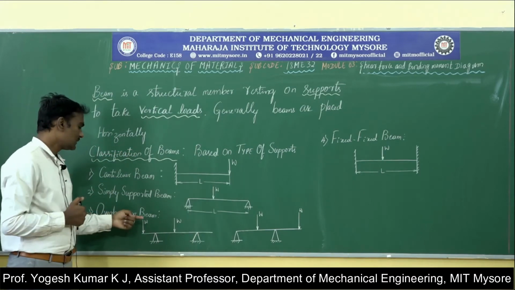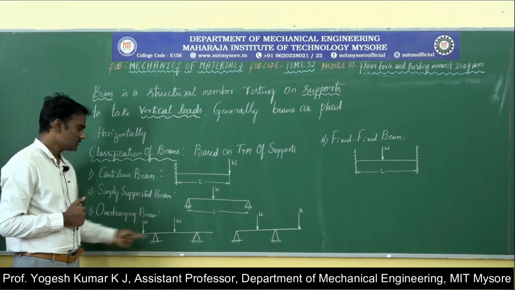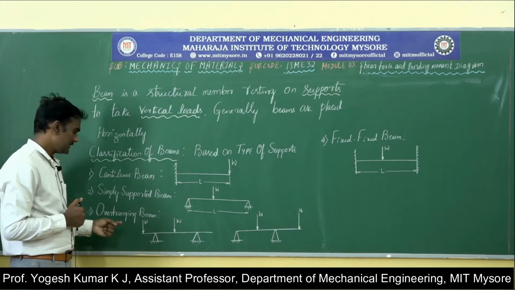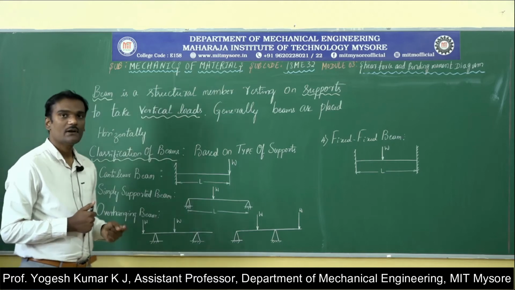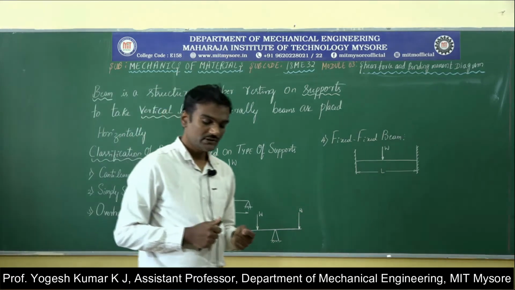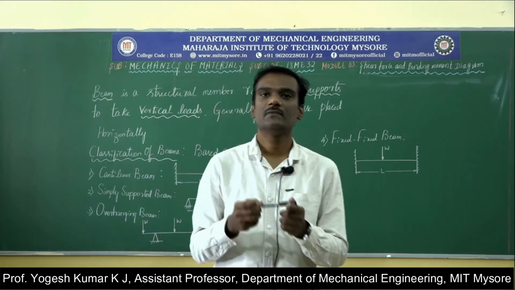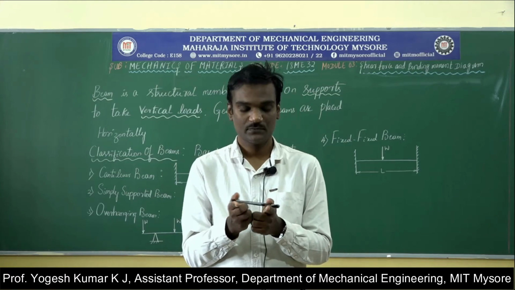Next, the third one, it is just a modification to the simply supported beam, and it is called an overhanging beam. So, in a simply supported beam, we have supports at the ends.